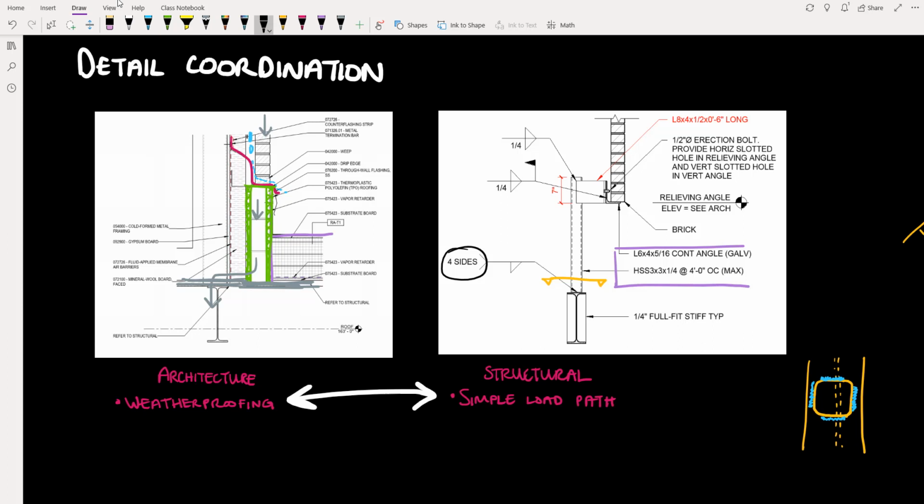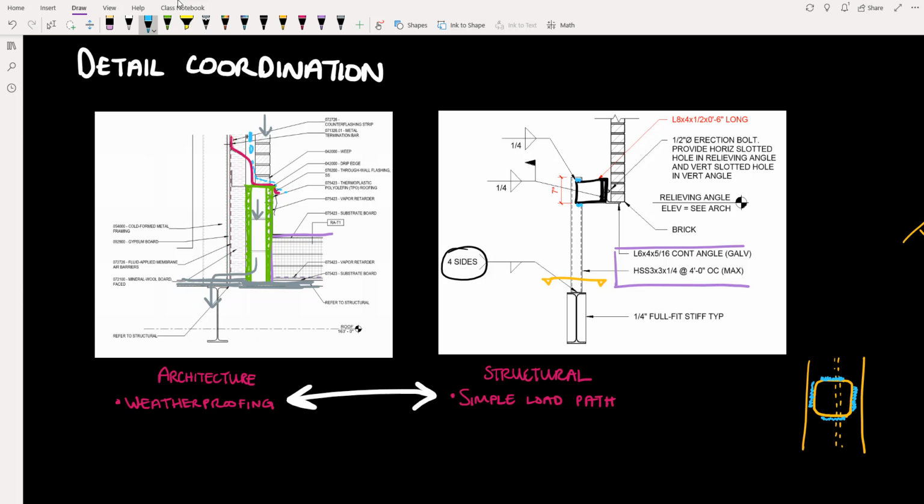Then as we move up the structure, you can see that we have this angle with one leg that comes out of the page, and that is welded on both sides to the post. And that weld is done in the shop.